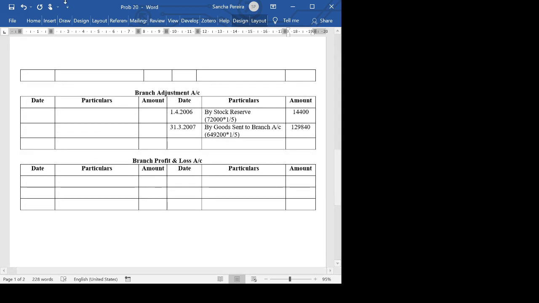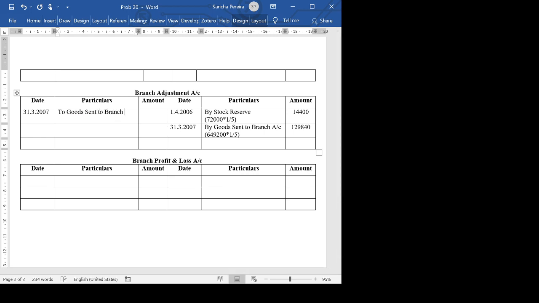In the adjustment account, 31st March 2007, to goods sent to branch.